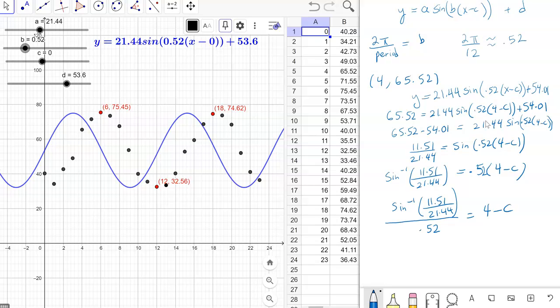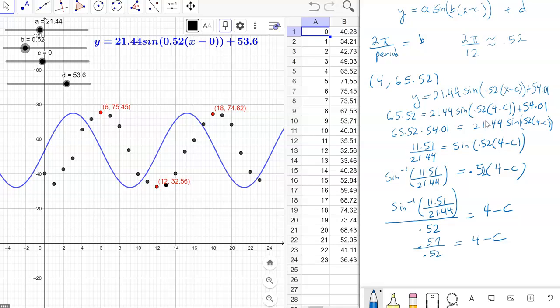So I'm going to punch that all in the calculator at this point. Divided by 21.44, inverse sine of that is 0.566 or 0.57 divided by 0.52.